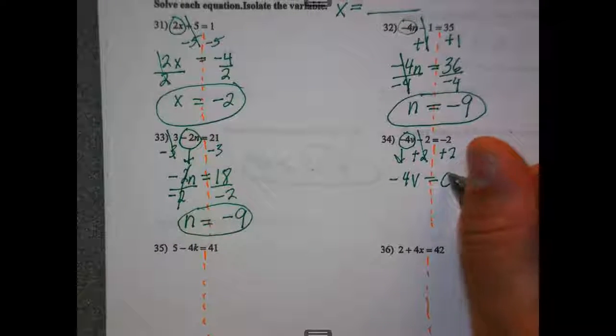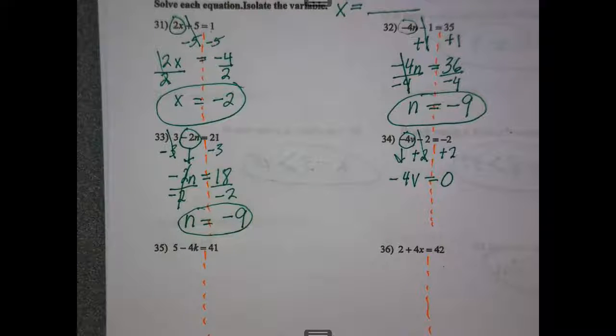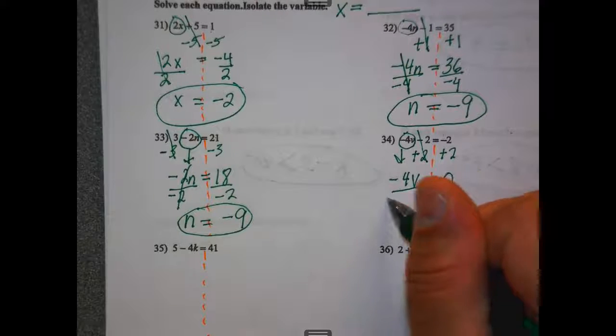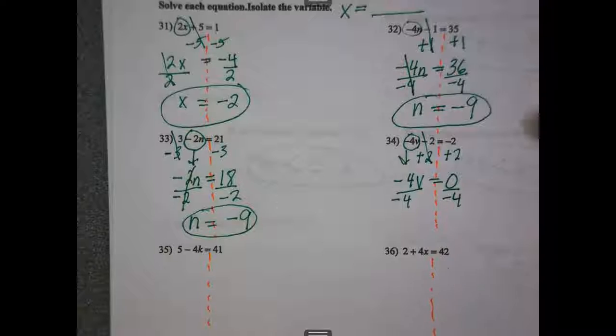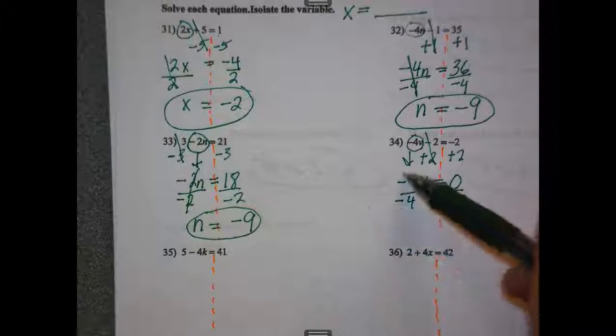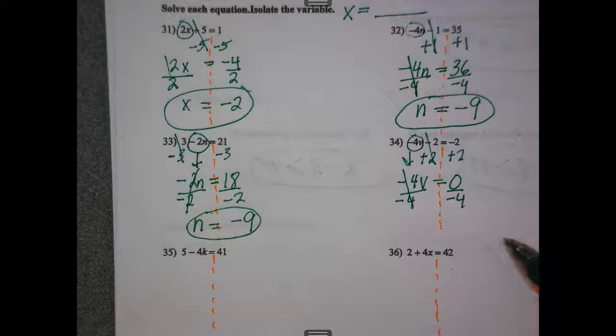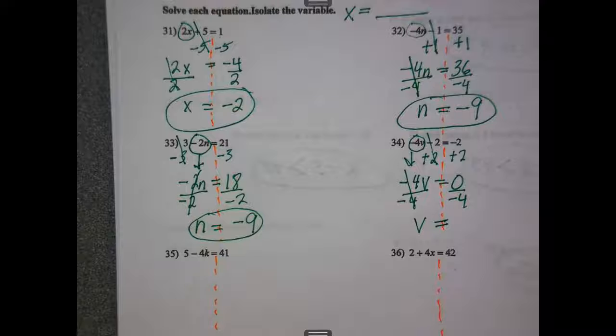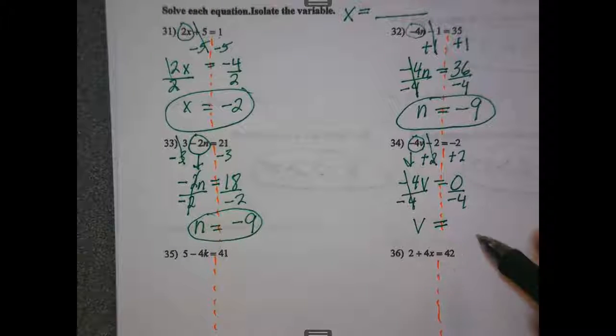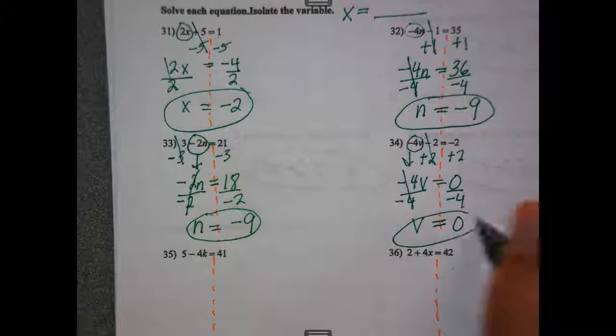I need to kind of think of it as like a placeholder. Okay? Then we have to divide by coefficient negative 4. And again, if you can't remember if you can divide by 0 or divide 0 by a number, just put it in your calculator. It's either going to tell you 0 or it's going to give you an error. This time, it's 0.